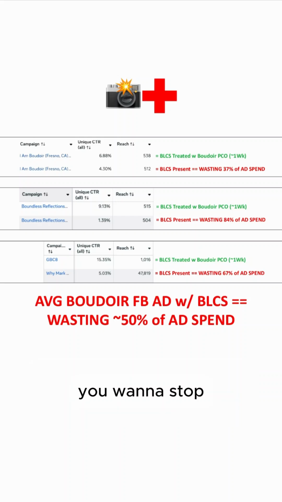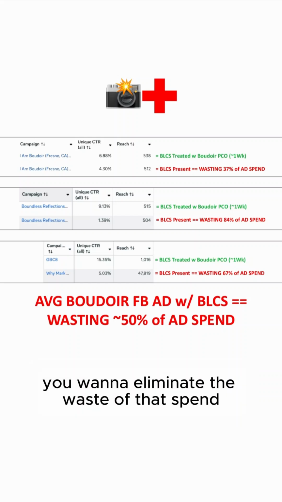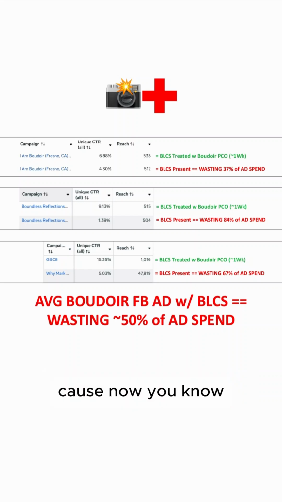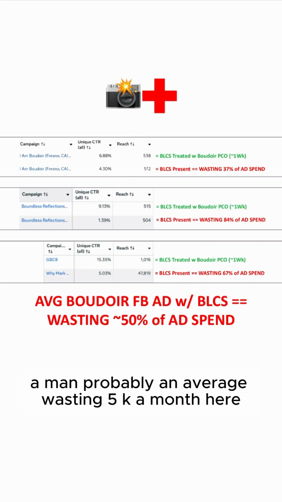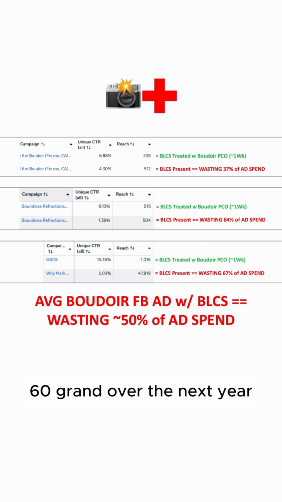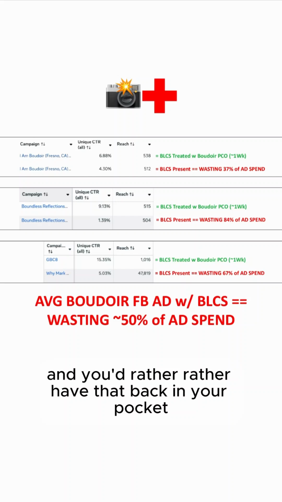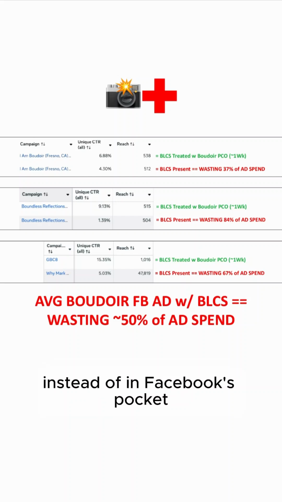You want to eliminate the wasted ad spend, optimize your Boudoir Facebook ads, because now you know, man, probably on average wasting 5K a month here, 60 grand over the next year, and you'd rather have that back in your pocket instead of in Facebook's pocket.